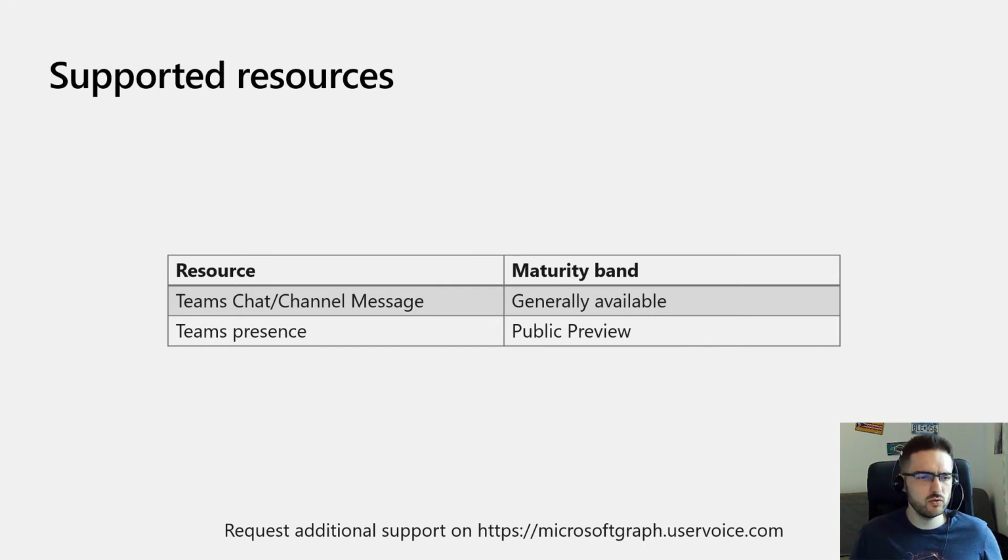And again, if you want to request additional support for rich notifications or change notifications with resource data, you can always go to microsoftgraph.uservoice.com and say, hey, I want change notifications with resource data for Outlook emails or for Outlook events or for something else. And this way, the diverse product teams working on the different APIs will see that there is a demand, and they will start implementing that additional set of features for those resources on Microsoft Graph.